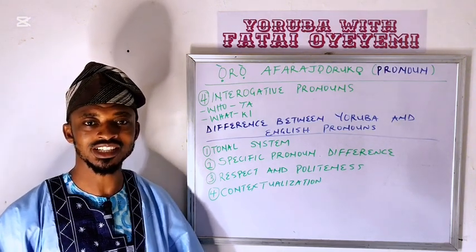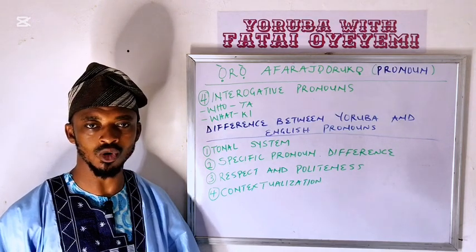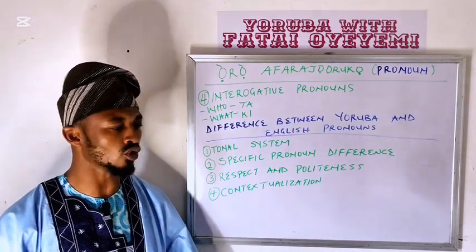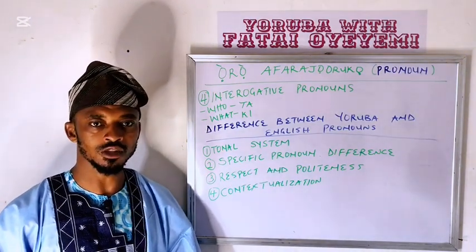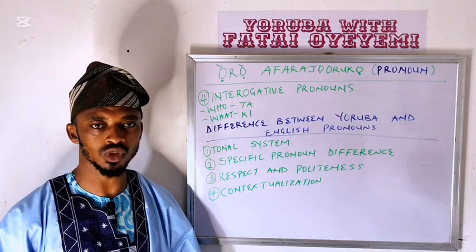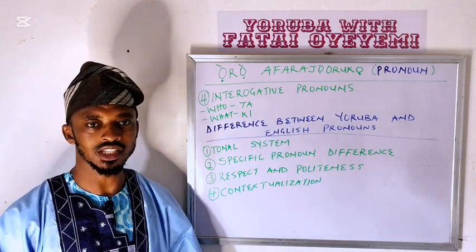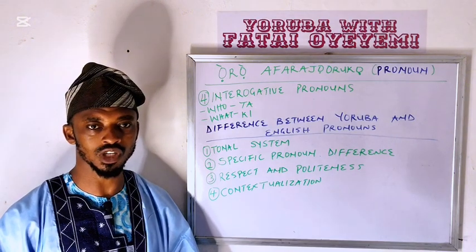This lesson is going to be the third and the last video on the topic pronouns in Yoruba, that is ọ̀rọ̀ àfarajọ orúkọ. In the first part, we looked at the 4 types of the pronoun, and we took the number 1 type. In the second video, we looked at the second and the third type of the pronouns.